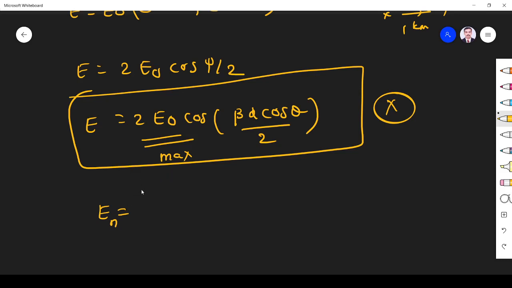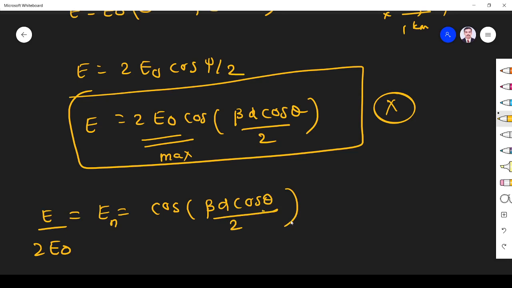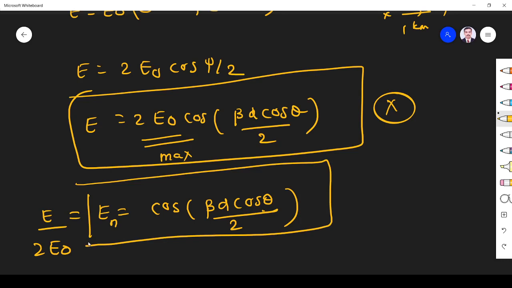If you divide the electric field by the maximum electric field, that is the normalized electric field. So it will be cos of beta d cos theta by 2. Fine. So this is the normalized value.